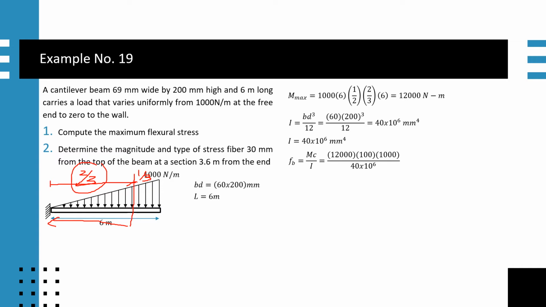At itong C, saan natin makukuha ang C? Ang NA natin, ang ating neutral axis, is always located at the center of the beam, kung ano yung center of gravity ng beam natin.